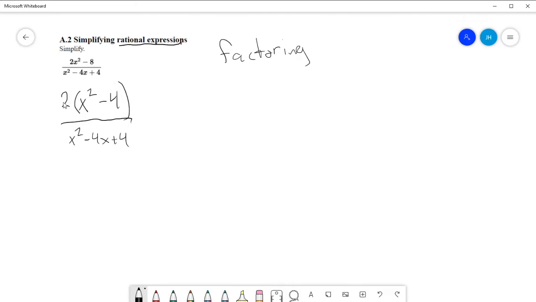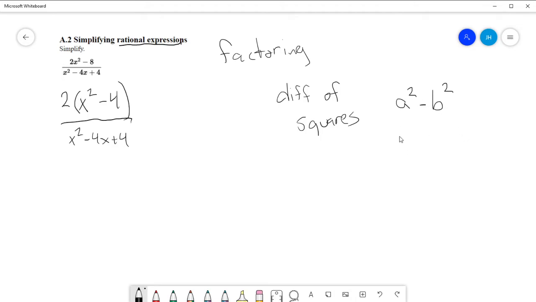Now, if that was it, fine and dandy. However, we have x squared minus 4 here. This is something that you guys should recognize. This x squared minus 4 is a difference of squares. Remember that, guys. Difference of squares was that idea that if I ever had two terms which were squared and subtracting, like a squared minus b squared, see how a is being squared, b is being squared, and they're subtracting.